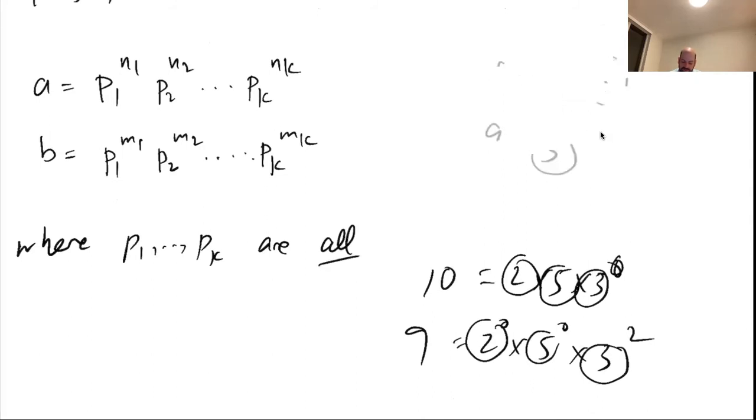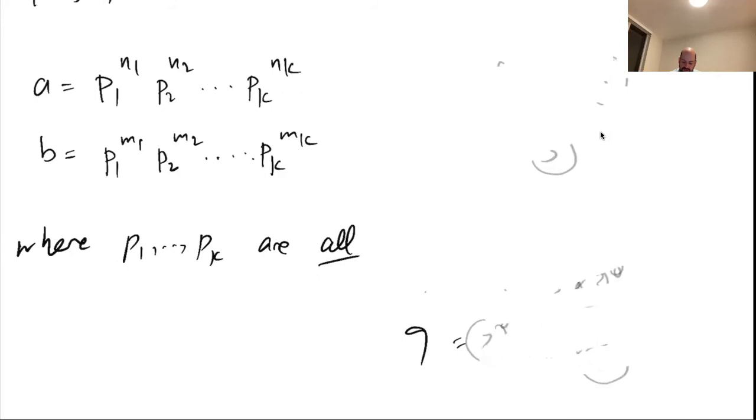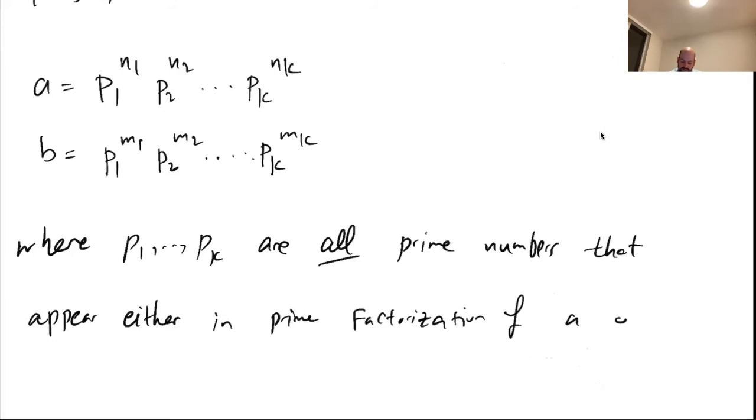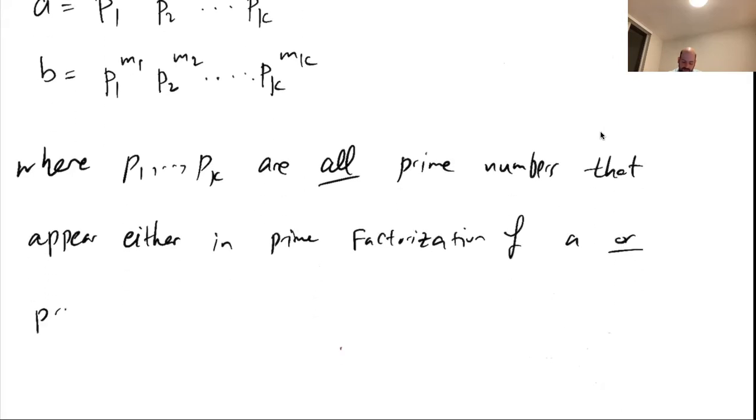So just have this example in mind so that we know what to write here. They are all prime numbers that appear either in the prime factorization of A or the prime factorization of B.